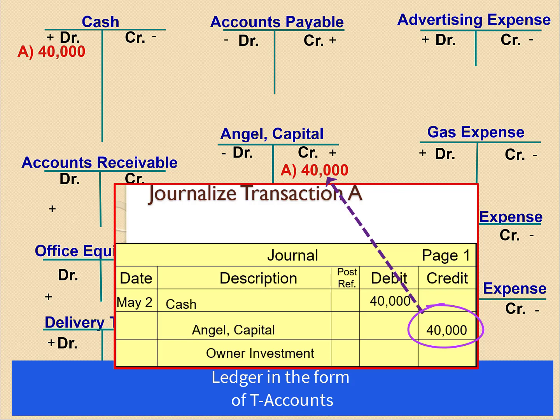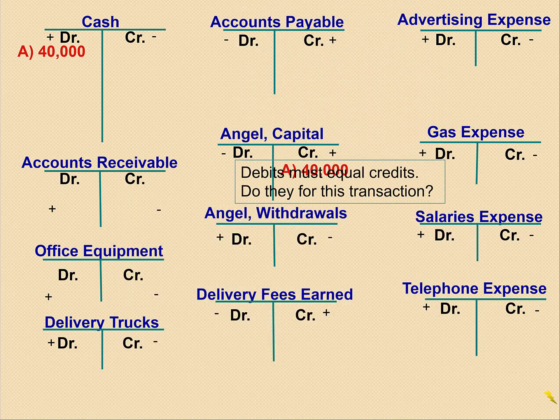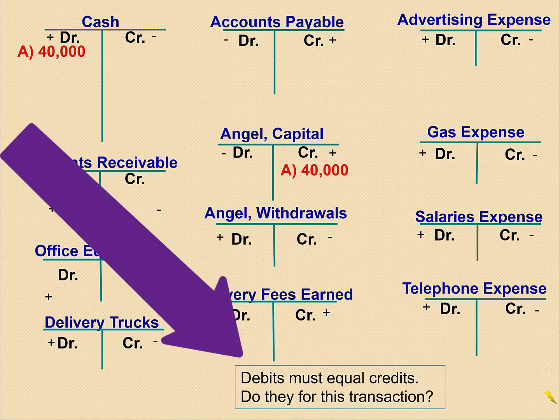The reason we put the letter A is in case we ever come back and look at the capital account and we're wondering, well, where did this $40,000 come from? We know it came from transaction A. Okay, and then this is really critical. Check. For this transaction, do debits equal credits? You might be saying, well, we already double checked that in the journal.